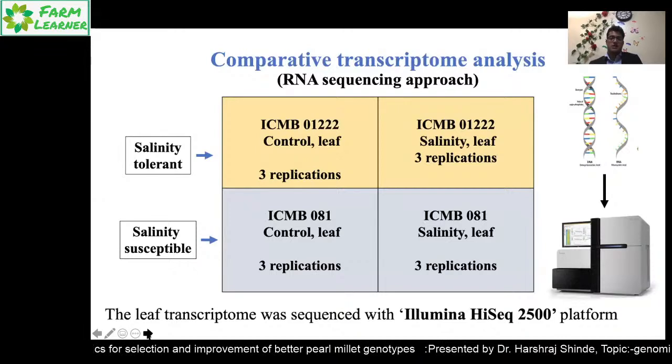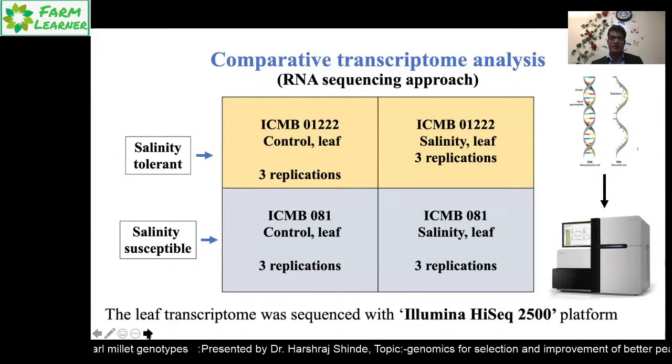Then, based on the physiological and biochemical analysis like relative water content, chlorophyll content, sugar content, and our phenotypic observations, we selected these two lines and performed the RNA sequencing of both, maintaining 3 replications.